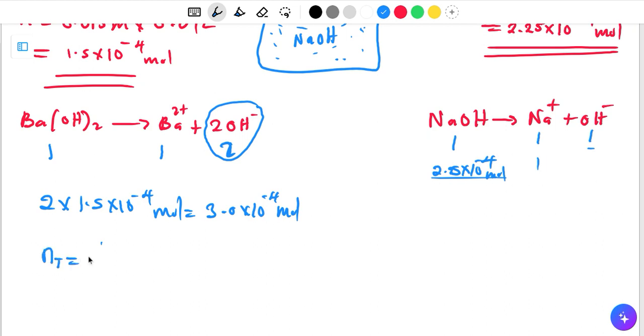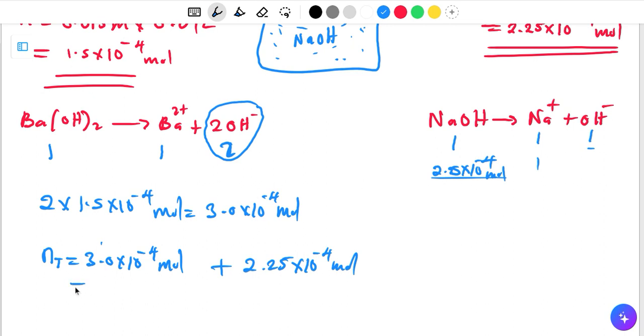So I'm going to add the number of moles of hydroxide ion from barium hydroxide plus 2.25 multiplied by 10 to the power negative 4 moles of hydroxide coming from sodium hydroxide.